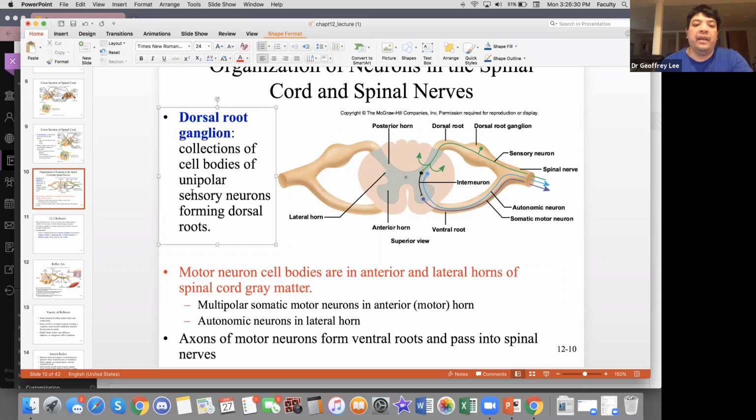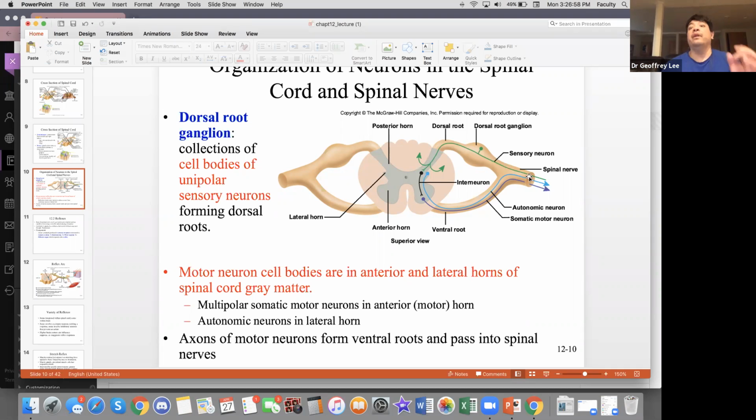So dorsal root ganglia: cell bodies of unipolar sensory neurons. A unipolar neuron is a neuron that has a cell body and has one axon. It doesn't have dendrites, right? It's got one super long axon. Here, the axon ends in the spinal cord, and it continues all the way to the start, which is found in your fingertips.